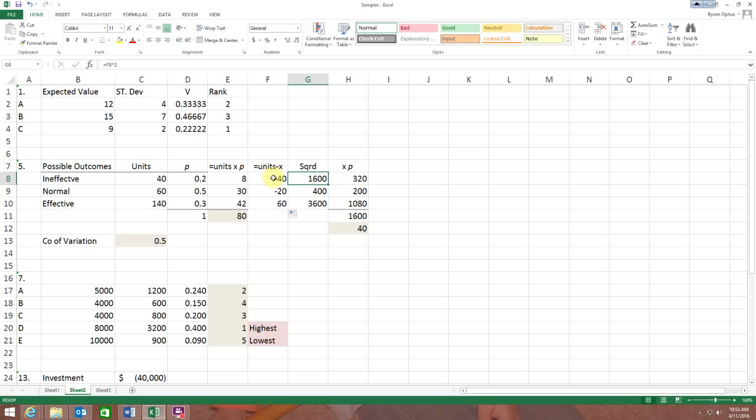Then I square these, and the only reason we're squaring this, as you'll see later, because we'll end up taking the square root, is to get rid of the negative signs, right? This tells me how far away it is and in which direction, but I'm not concerned about the direction. Overall, I'm concerned about how far it is on average. So this is equal to this.